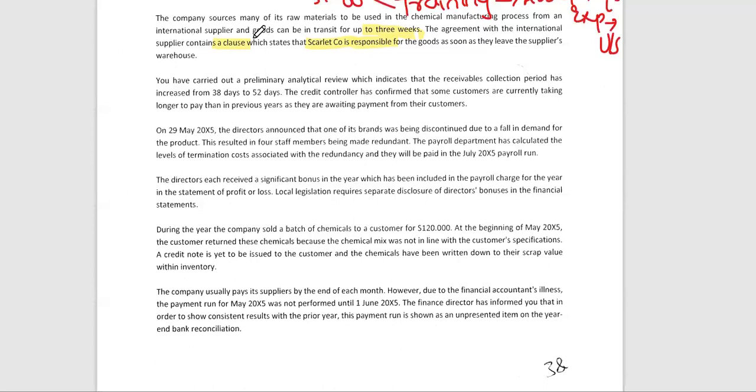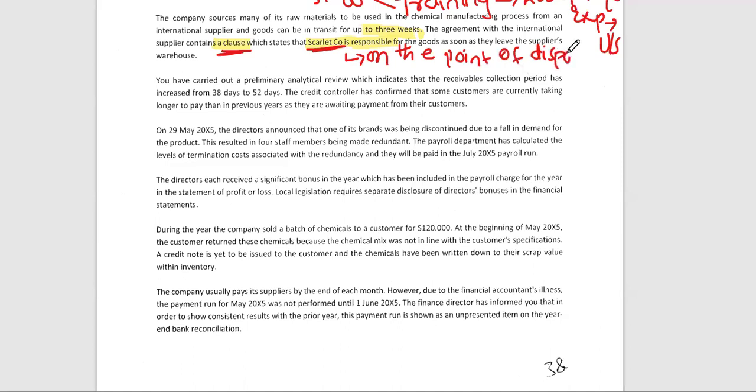Okay, guys, tell me, if there is a condition in the contract with the supplier that when they dispatch the goods, the company, the buyer, will be responsible for the goods, whether they are damaged on the way till they reach the premises of Scarlett Company, or they reach without any damage, it's the responsibility of Scarlett Company. It means the control is basically transferred at the point of dispatch from the supplier.